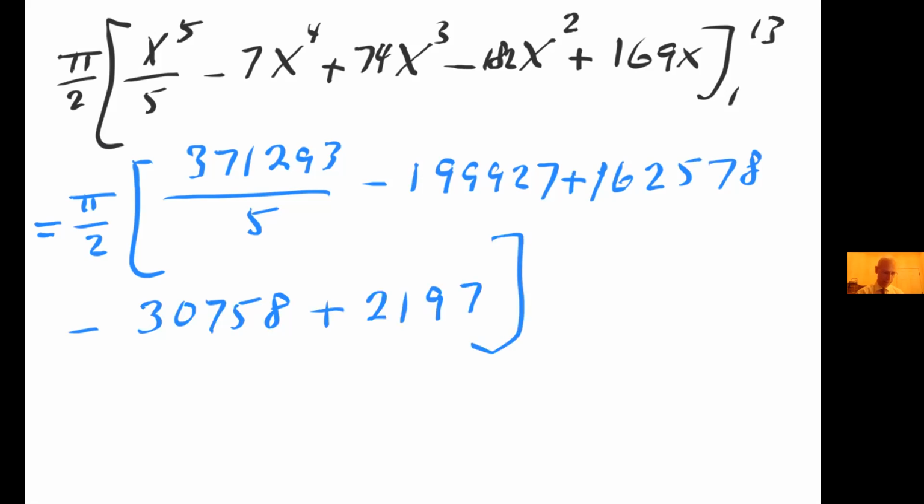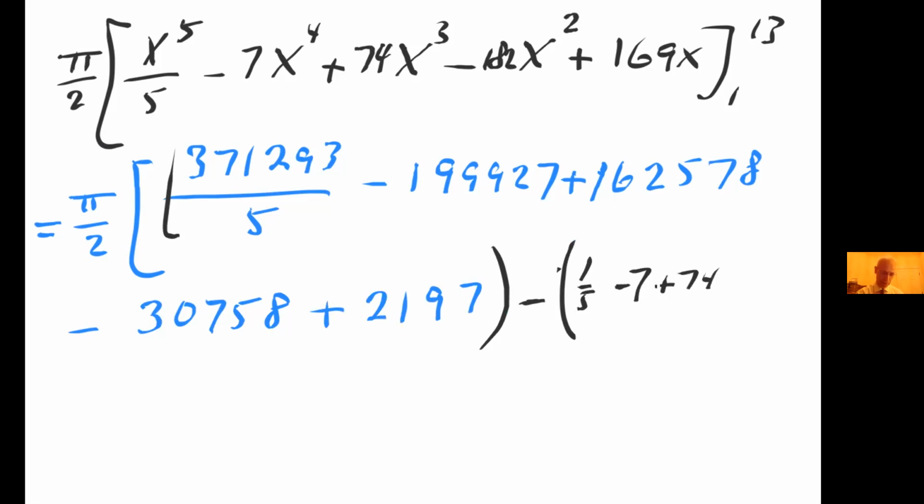Actually, let me use a different color. All this minus, if I plug in 1, I get 1/5 minus 7. Then I get plus 74 minus 182.